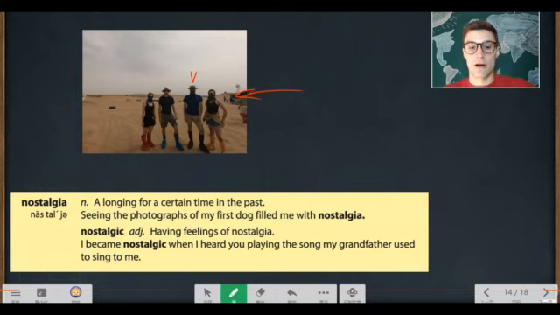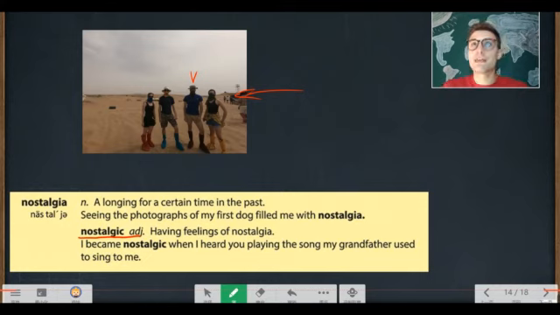Seeing the photographs of my first dog filled me with nostalgia. Do you have any photographs that fill you with nostalgia? Nostalgic is a different form of the word. Nostalgic is an adjective. We use this word to describe the feeling of having feelings of nostalgia.